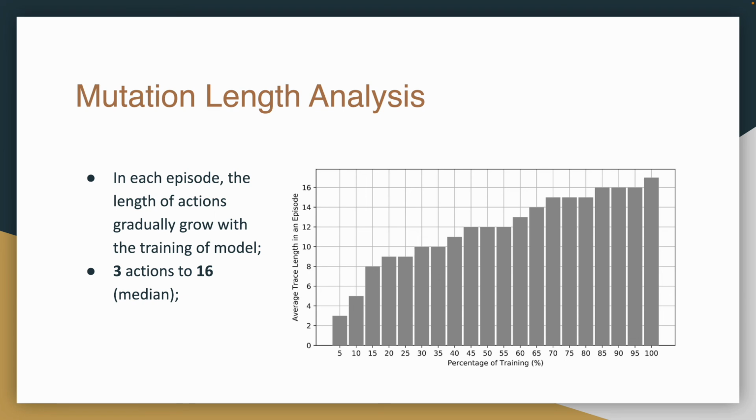Therefore, we did some analysis on how the end state evolves. Basically, we record the distribution of mutation trace lengths at different training stages. The result is shown in these slides. So we can see from the figure that as the training goes on, the mutation trace lengths are increasing gradually.